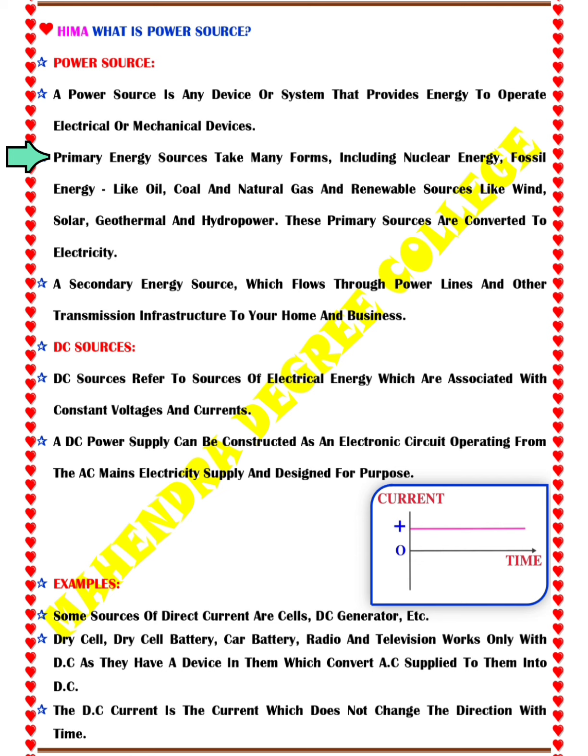Solar energy is captured from the sun using solar panels. Geothermal energy comes from heat inside the earth. Hydropower is generated from the movement of water, usually through dams.